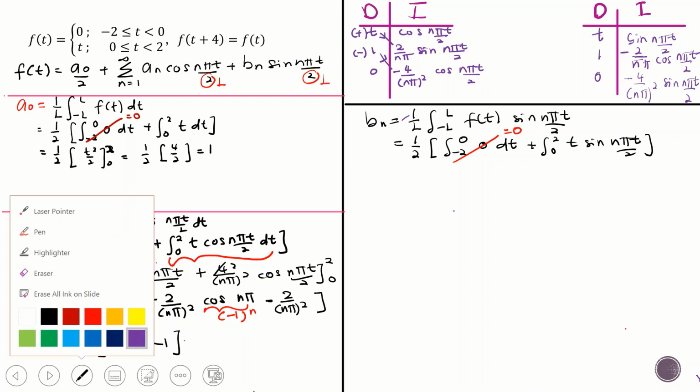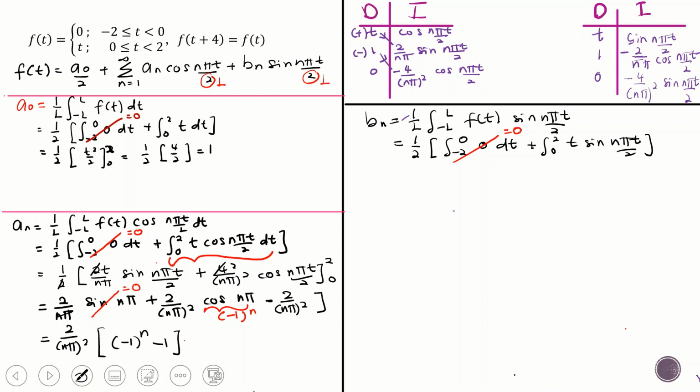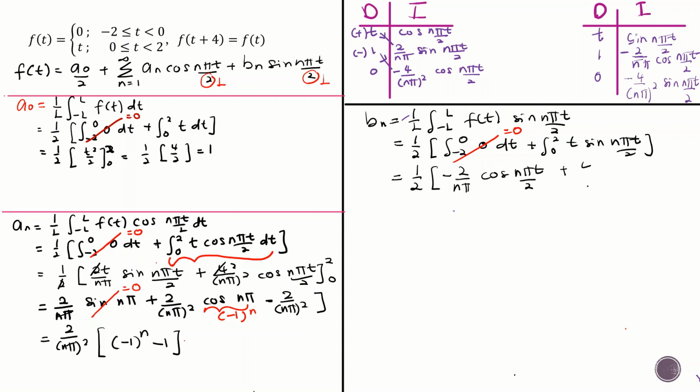Then I'm going to put into here 1 over 2, negative 2 over n pi cos n pi t over 2, plus 4 over n pi squared sine n pi t over 2. Limits from 0 to 2.